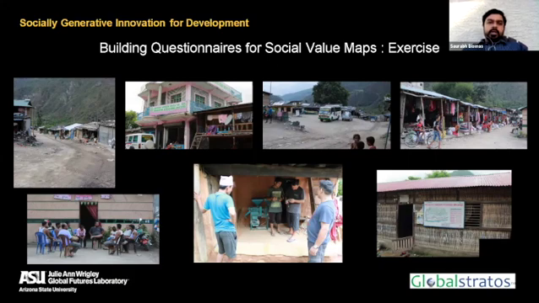So a couple of years ago, with an implementation partner in Nepal, I had the opportunity to go live in this community for some time and understand the social value proposition of energy, of an off-grid solar mini-grid system.